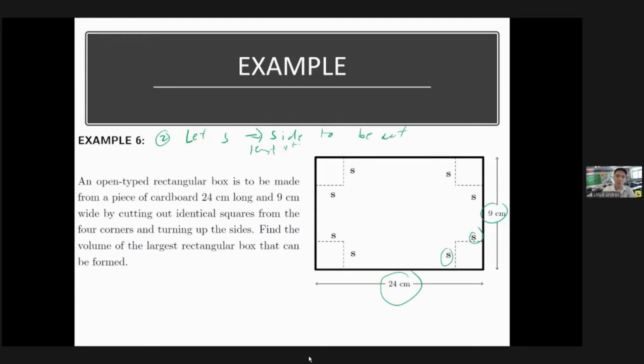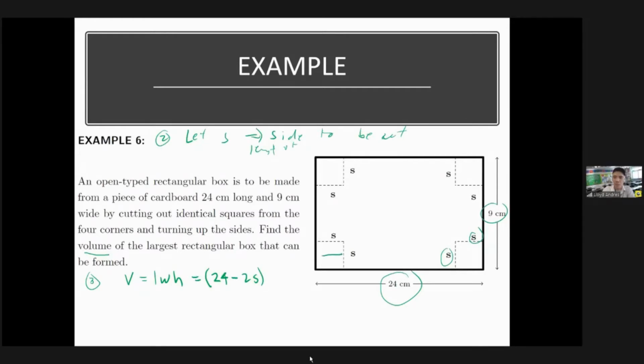Third step, mag-form tag function. So, since we are talking about volume of a box, volume is length times width times height. Tapos, sa kaning sitwasyon, ang length na to, 24 dapat. Pero, minusan og 2s, kay i-cut man ni diri.